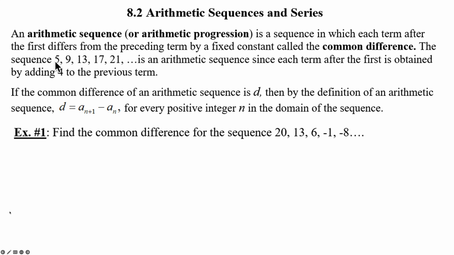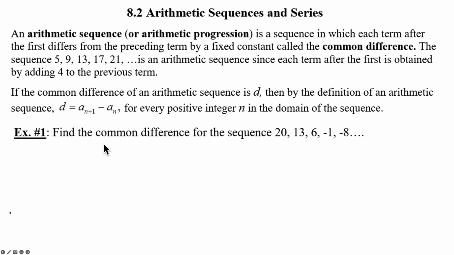So you could go second term minus first, third minus second, fourth minus third, fifth minus fourth. So 9 minus 5 is the fourth, 13 minus 9, fourth. So you only need to do that once if you know it's an arithmetic sequence.